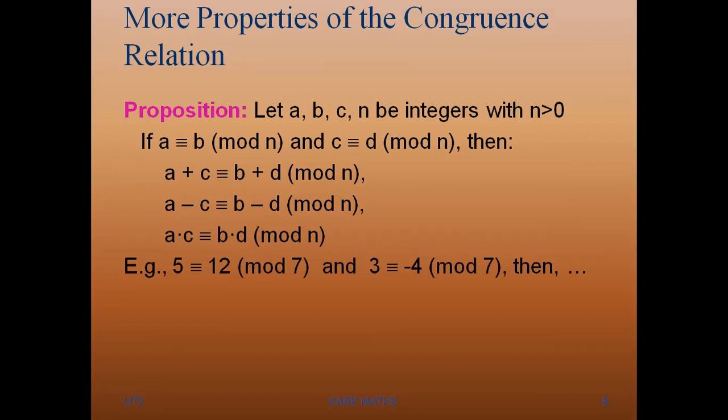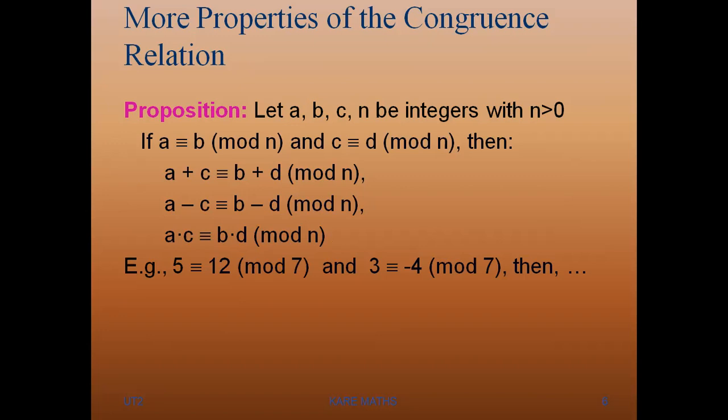Left hand side I have 2, right hand side I have 16. So when I use the concept of A minus B, what do we have here? 2 minus 16 is nothing but minus 14. So minus 14 is a multiple of 7. Otherwise, 7 divides minus 14.